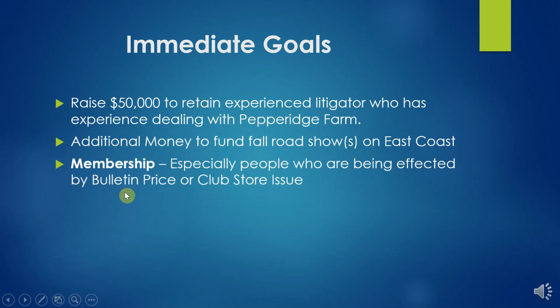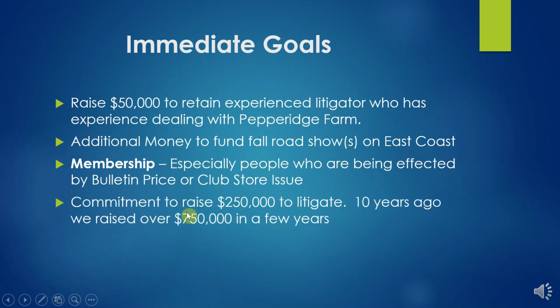We need to bring up membership. Even though membership has increased dramatically since last year, we really need to get people who are affected by bulletin prices, mainly those who have Walmarts, especially on the bakery side, and the club store issue, which again, there is another presentation that goes over the entire club store issue.